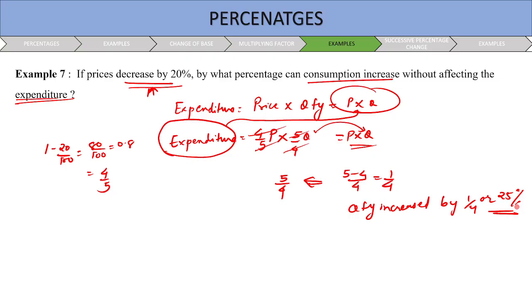Yeah, the same thing which we have discussed, that for 5 by 4, how you will convert this into the percentage increase: this will be your final value, this will be your initial value. So 5 minus 4 by 4, which is 1 by 4, and this 1 by 4 is nothing but 25 percentage. So our quantity increased by 25 percentage.